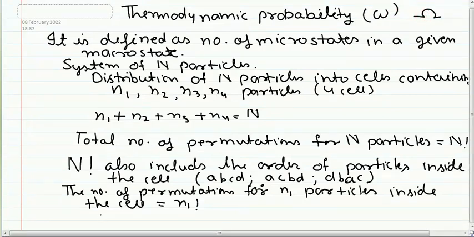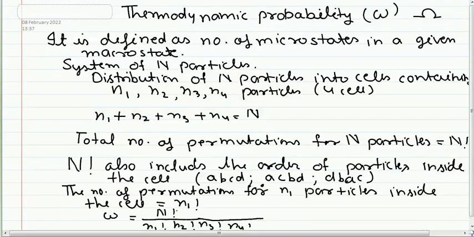So the thermodynamic probability omega is equal to n factorial divided by n1 factorial, n2 factorial, n3 factorial and n4 factorial, because these numbers represent only the order inside the microstate, and while we define the microstate, the order doesn't matter.